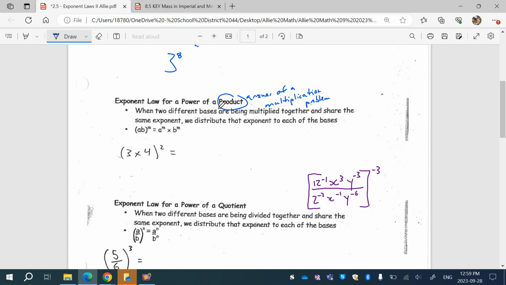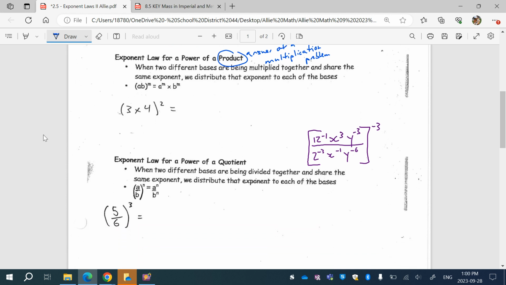So when two different bases are being multiplied together and share the same exponent, we distribute that exponent to each of the bases. So if you have (a times b) to the power of m, we can rewrite this as a to the power of m times b to the power of m.